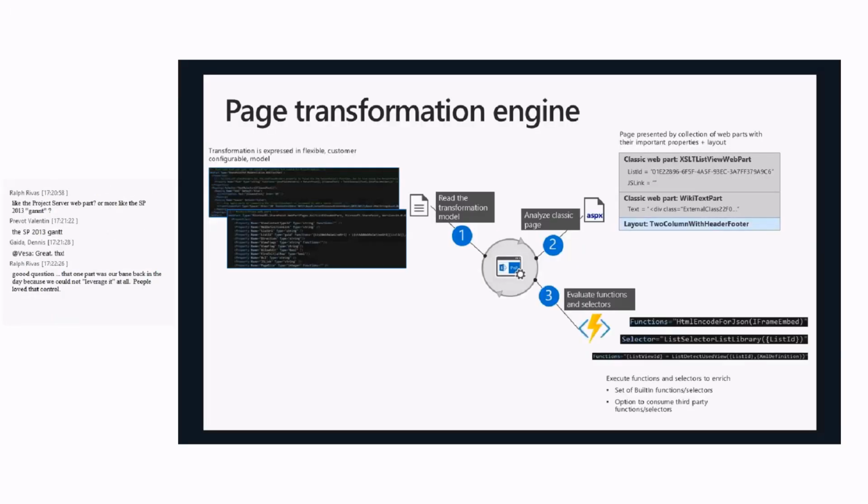The next step is step 3. In here, we essentially enrich the information we got from the web part. So let's give an example. An XSLT list view web part, when you put it on a page, you can pick a view and say, I want to show this document library with this particular view. Great. Now, when you export that web part, when you look at the properties, we don't tell you which view was used.